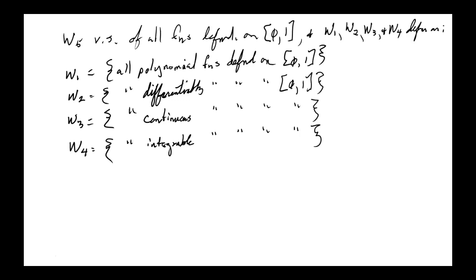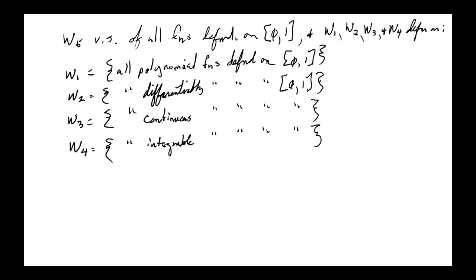And if the function is defined on 0, 1, let's start with the simplest one, polynomial. Any two polynomial functions you add together will be a polynomial function, okay? And if they're both defined on 0, 1, the sum will be defined on 0, 1. So that one's okay.